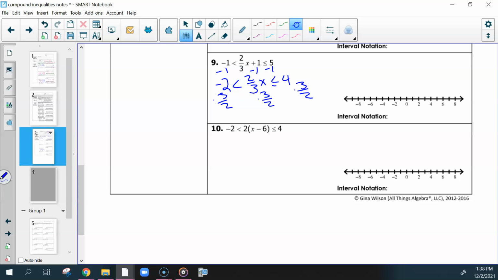So that would become -6 over 2, which is -3, is less than x, because these would just cancel and become 1, less than or equal to 4 times 3 is 12, 12 divided by 2 is 6. So I could graph this. -3 is open. 6 is closed. And I could connect the line between this.